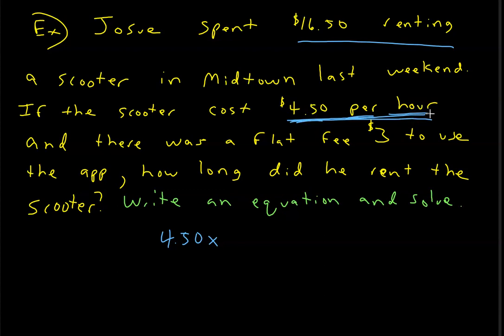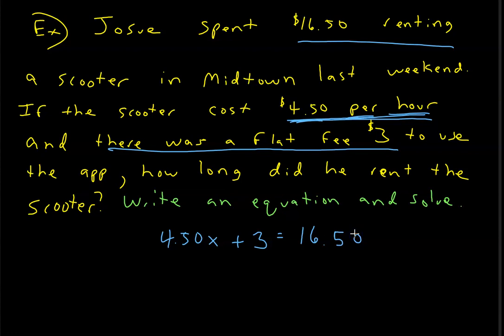And there's a flat fee of $3. Because there's a flat fee, it doesn't get multiplied by x. It's just 3 by itself. His total cost was $16.50. So that's the equation we write. So 4.50x plus 3 equals 16.50.